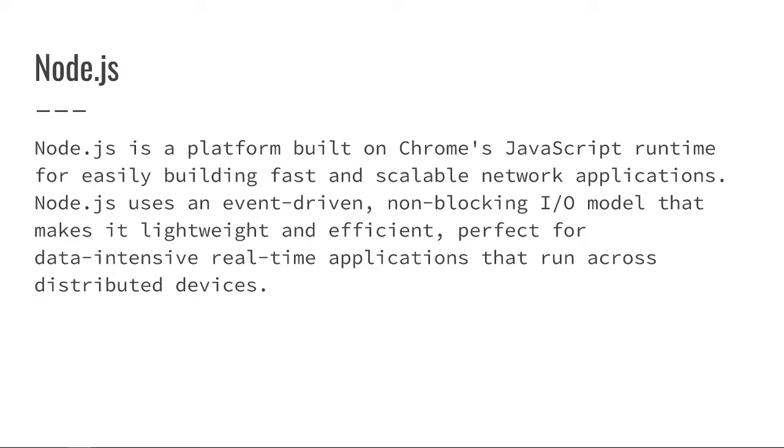So in the case of JavaScript, the important words are lightweight, efficient, data-intensive, real-time, distributed devices. Okay, all of these are actually very relevant in the case of Node.js. Let's start. Lightweight and efficient means that installing Node.js is quite easy.